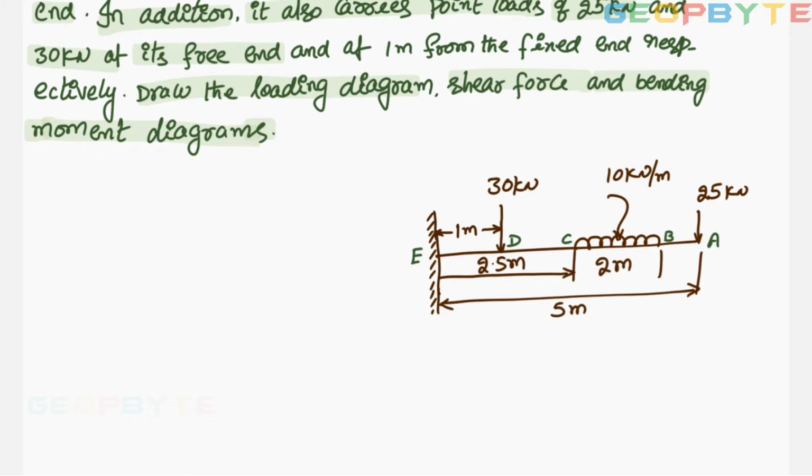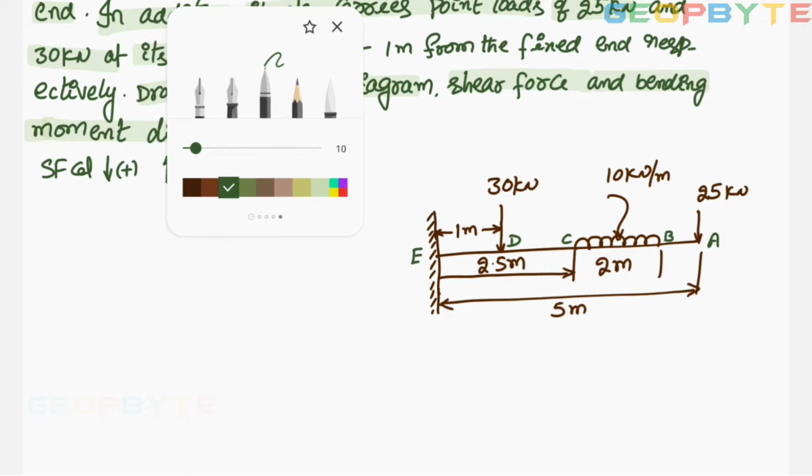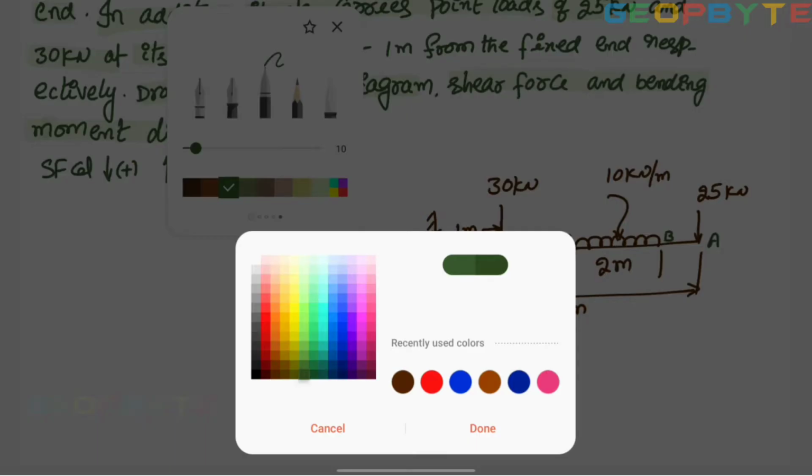Now let us straight away find the shear force values, the shear force calculations. For the shear force, I take the downward force as positive and upward force as negative.